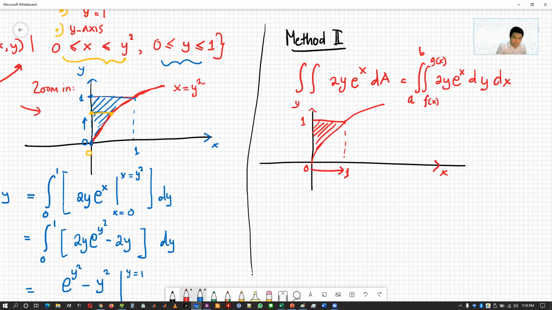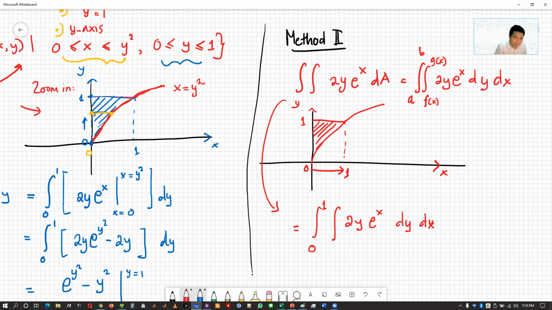So I put it directly here. So we have 0 until 1 for the x. This is 2y e to the power of x dy. Remember, I do not put anything yet for the dy, but I put for the dx. The x is from 0 until 1.